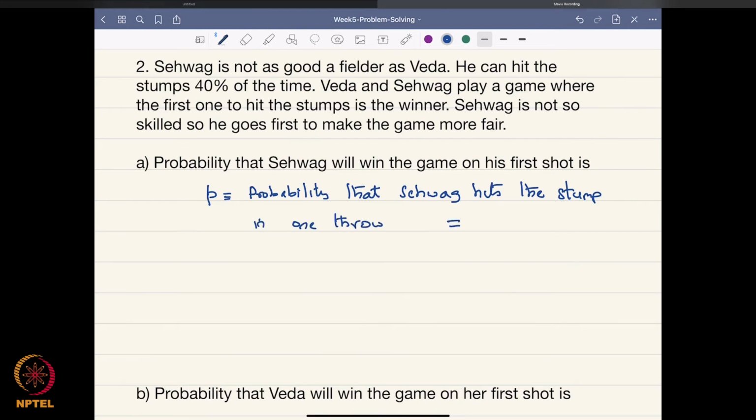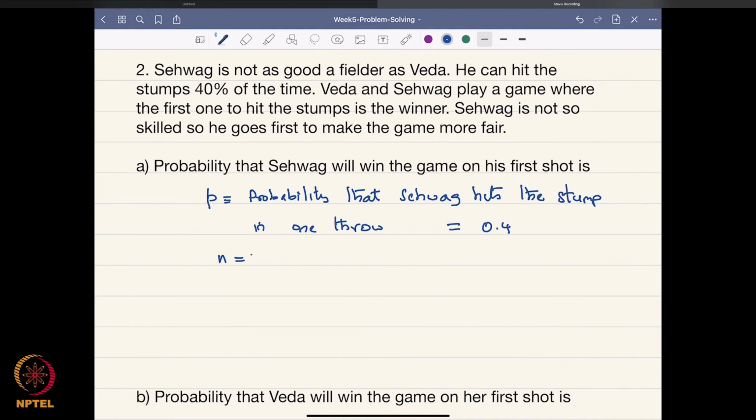That's equal to 0.4. And if you want to win the game in the first shot, then n is equal to 1, and you want k is equal to 1. So n is equal to 1 throw, and k is equal to 1 hit.